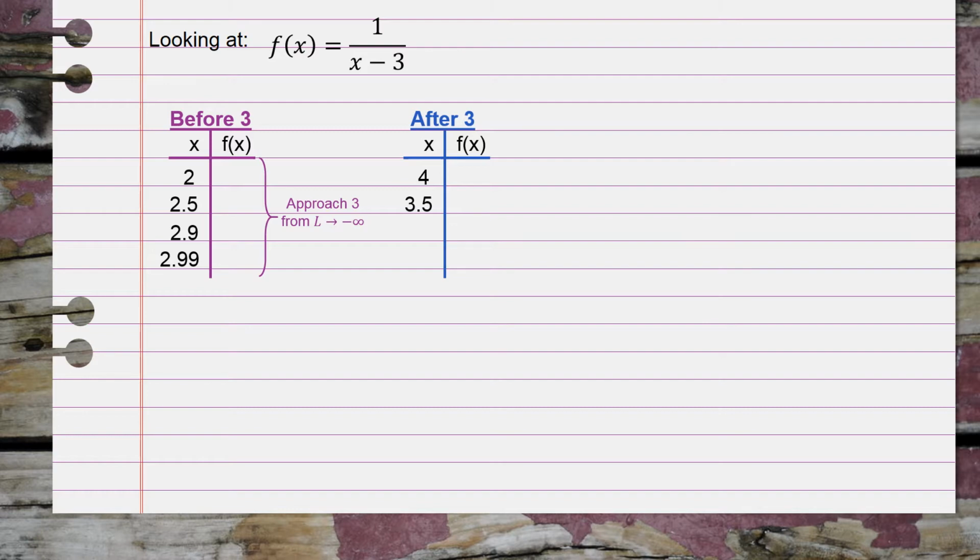Maybe get a little bit closer. 3.1. And even closer. 3.01. So these values approach 3 from the right. And if you think of the number line, the furthest to the right is positive infinity. So we've got these two t-charts. Now I want you to take a moment to plug these values into the function and find the corresponding result.